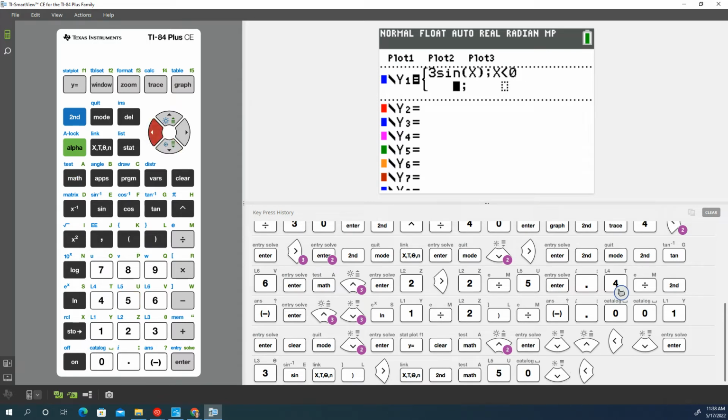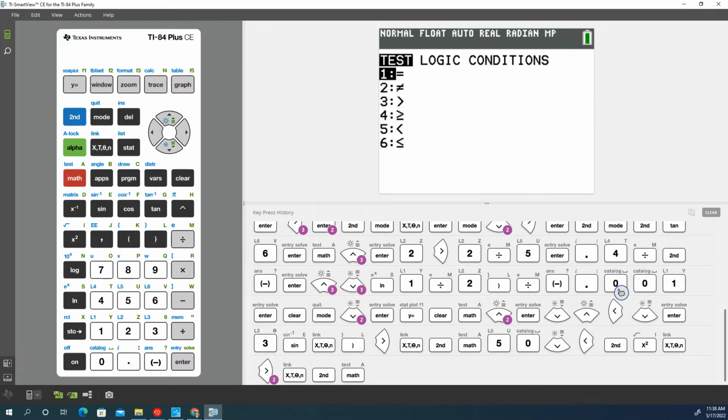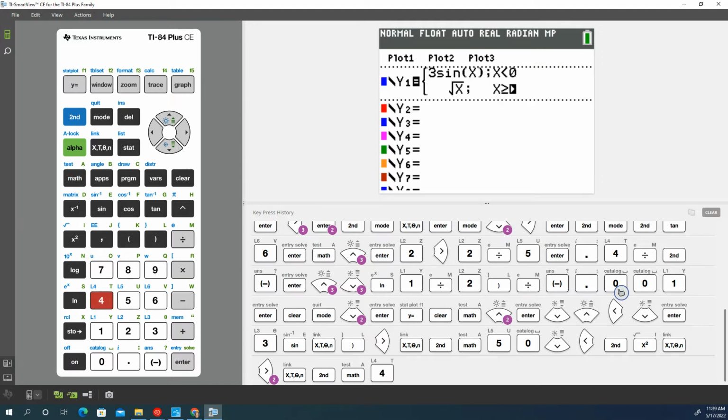I'm hoping this works. I'll show you again. All right, so remember, use this button. To get to those inequalities, you hit second math, and it should pull up these. I don't have that. You don't have these inequalities? No, I don't have the piecewise one. Okay, I think there's another way you can do it.